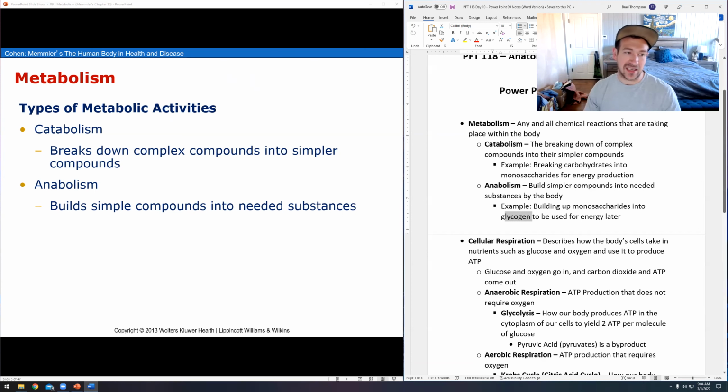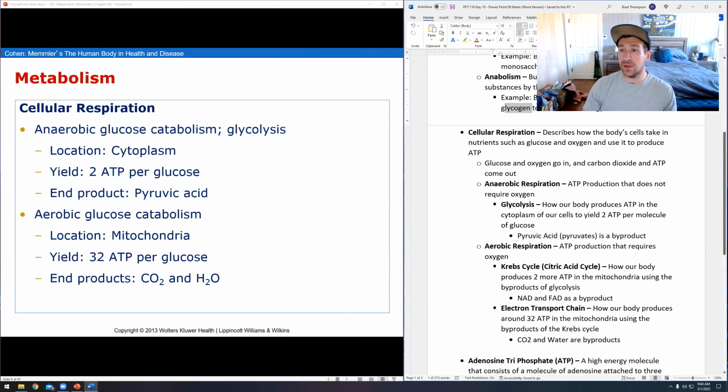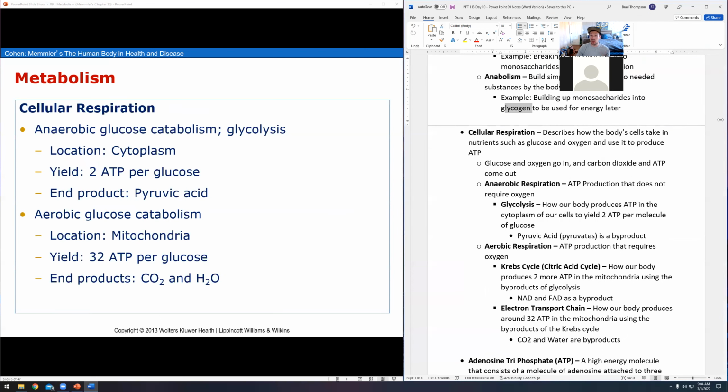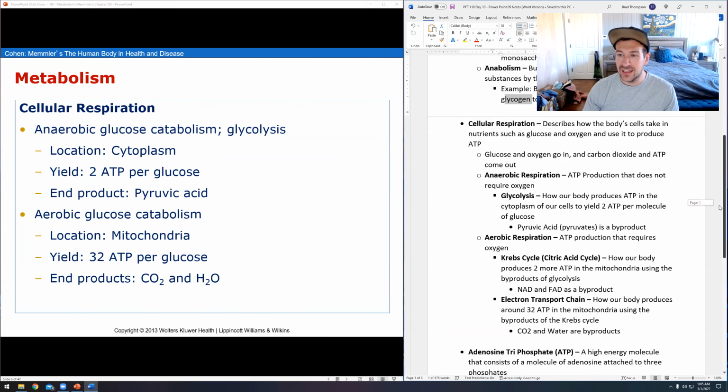So that is the anabolic reactions, right? And then one of the biggest things that we're going to talk about is, in general, what we call cellular respiration. Now, a lot of you guys have seen this before. For those of you who are new, cellular respiration can be a little complicated because it is sometimes hard to visualize.